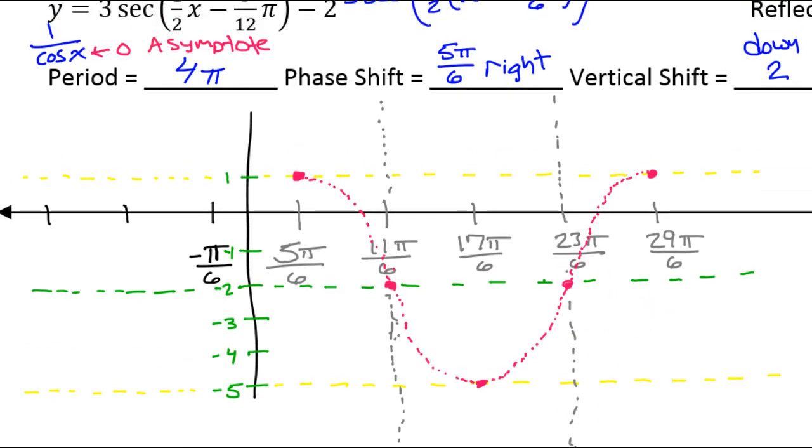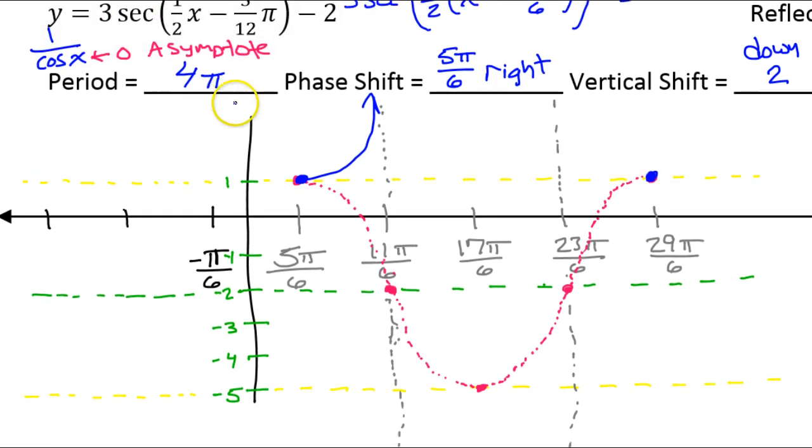And I have learned that this high point of the cosine function is also going to be part of the secant function. So I'm going to start here and go towards the asymptote, but away from the midline. Same with this point over here. That's going to be on the secant function, and I'm going to approach the asymptote going away from the midline.